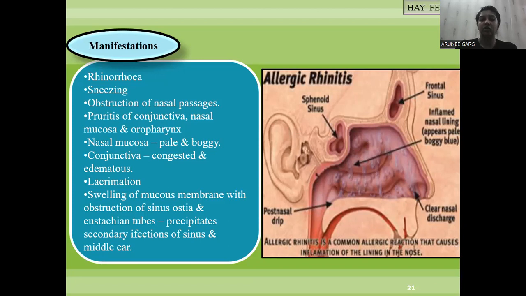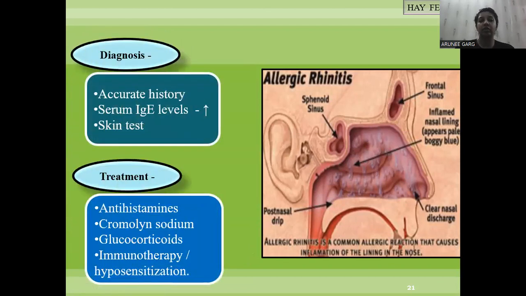There can be lacrimation, swelling of the mucous membrane with obstruction of sinus ostia and eustachian tubes. This precipitates secondary infection of the sinus and the middle ear. You can have postnasal drip as well, because there is inflammation of the lining of the nose.